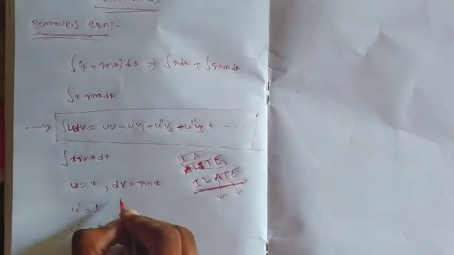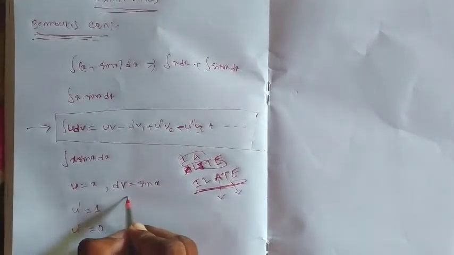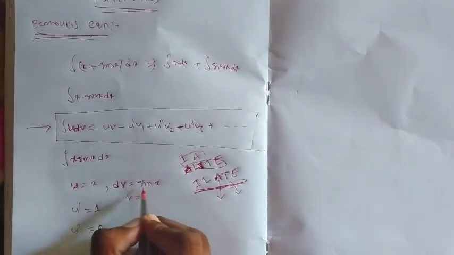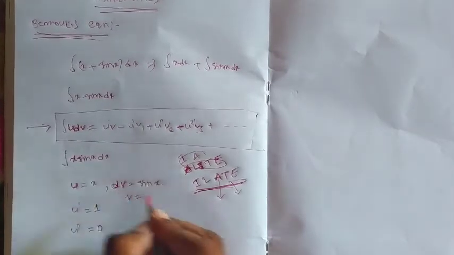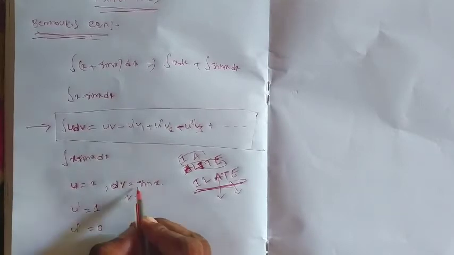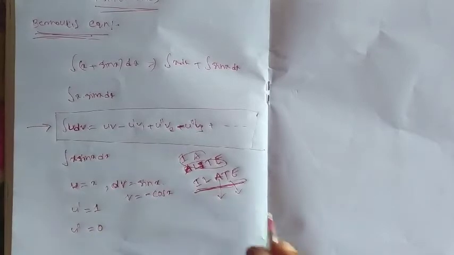Next we have v in this formula. What is v? V is the integration of dv. What is dv? It is sin x. So the integration of sin x is minus cos x.